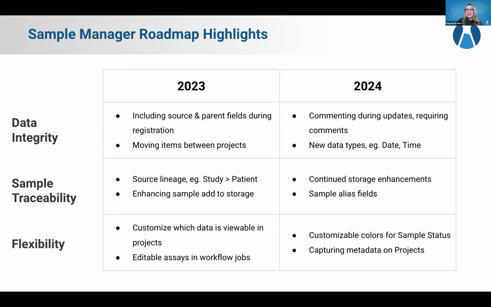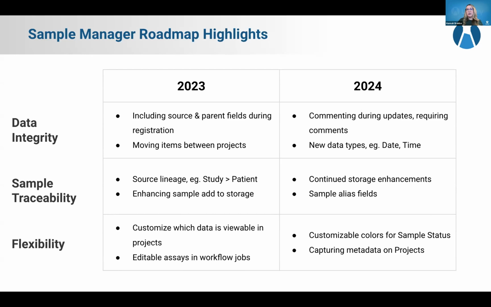We're also making enhancements in sample traceability that will continue to work on the storage functionality. We've also heard from several folks that samples might have a more common name or a name from an external lab that's worth bringing more into view.